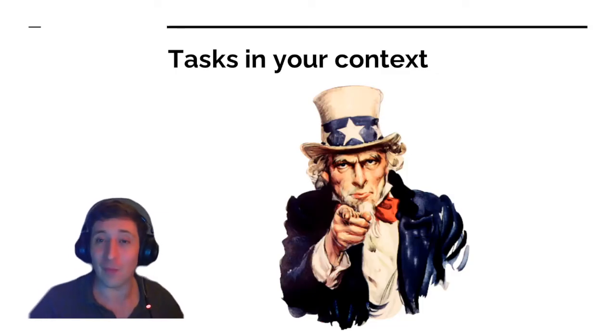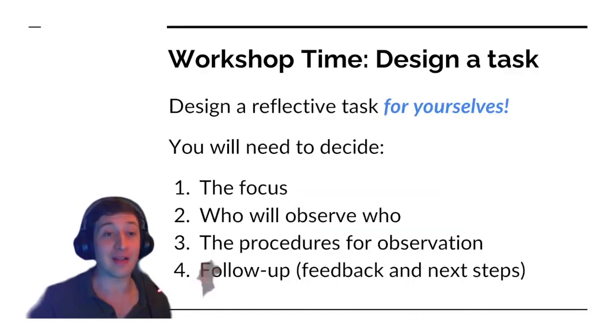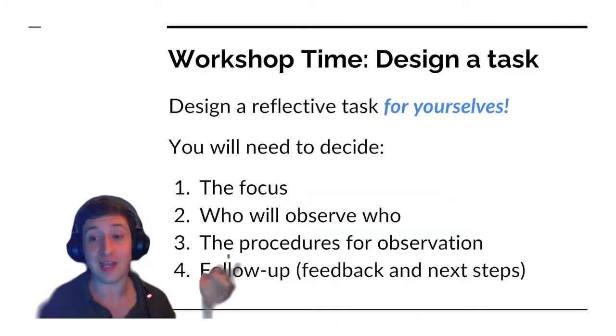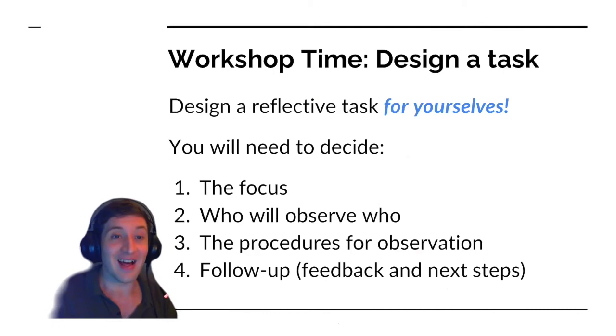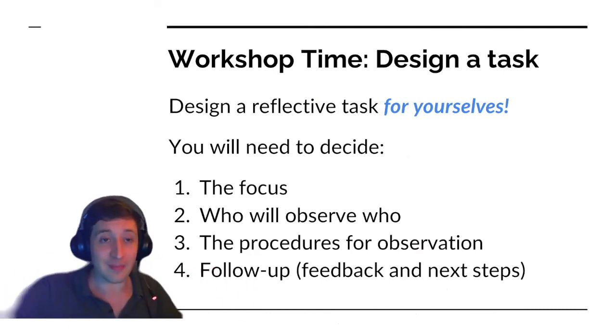And what we're going to ask you to do is basically take what we've been talking about and design a reflective task for yourself. All you need is to identify these 4 things, and then you'll have a task. That's all you need.